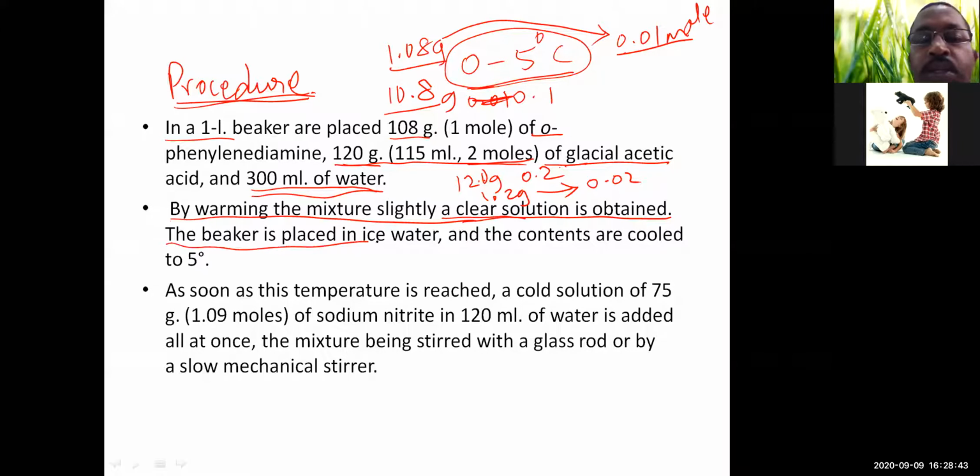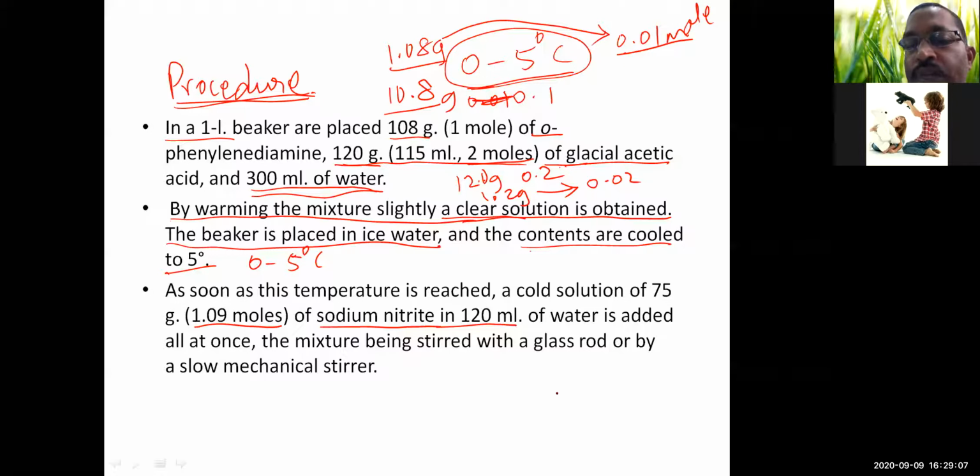So the beaker is placed in ice water and the contents are cooled to 0 to 5 degrees. But it's better to maintain less than 5 degrees temperature. As soon as this temperature is reached, a cold solution of 75 grams of sodium nitrite in 120 ml is needed.